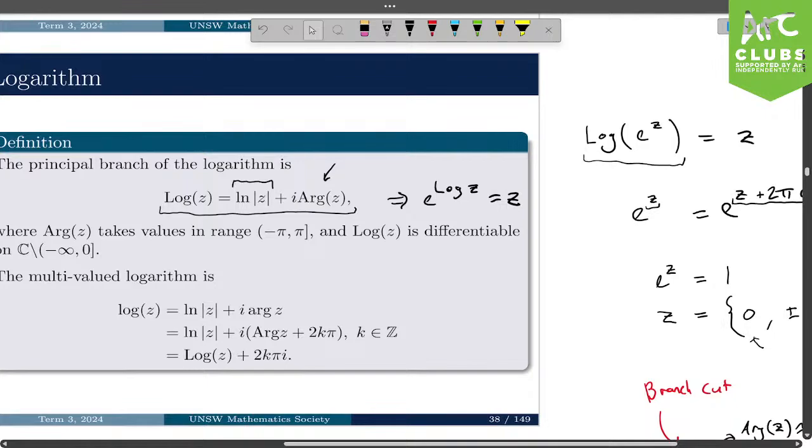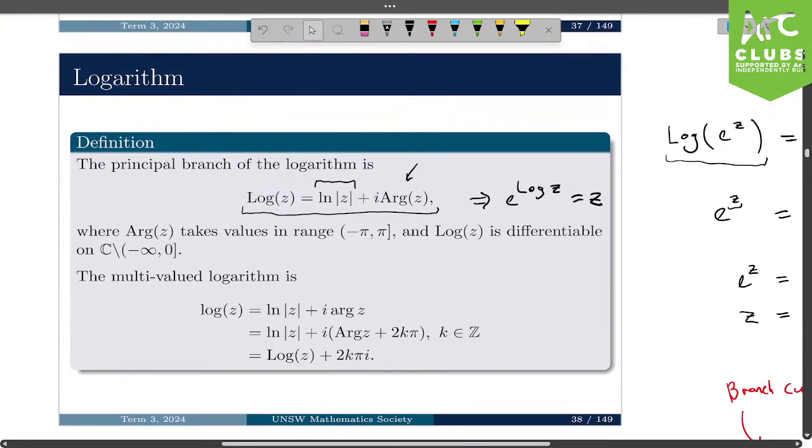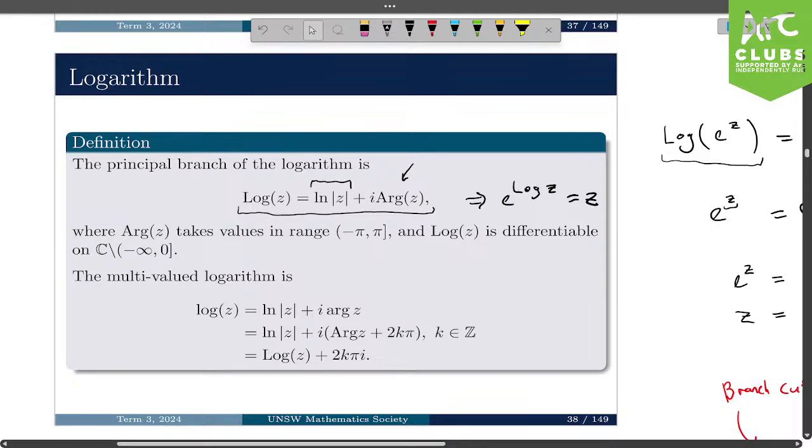Now, if we want to be more general with the solutions that we output from our logarithm function, we can use something called the multi-valued log.